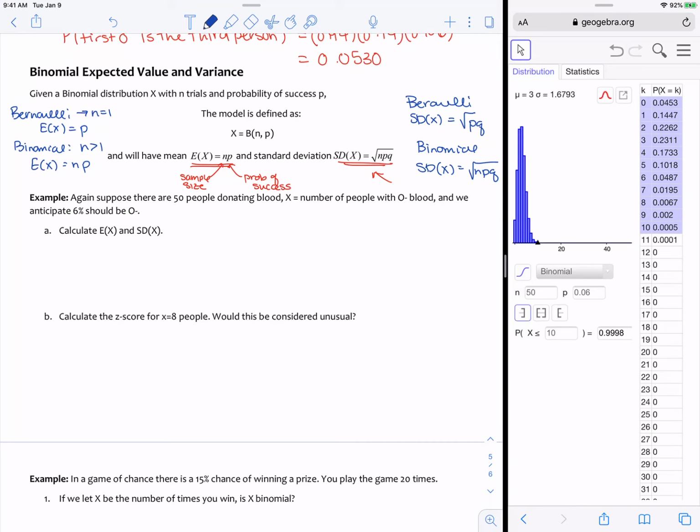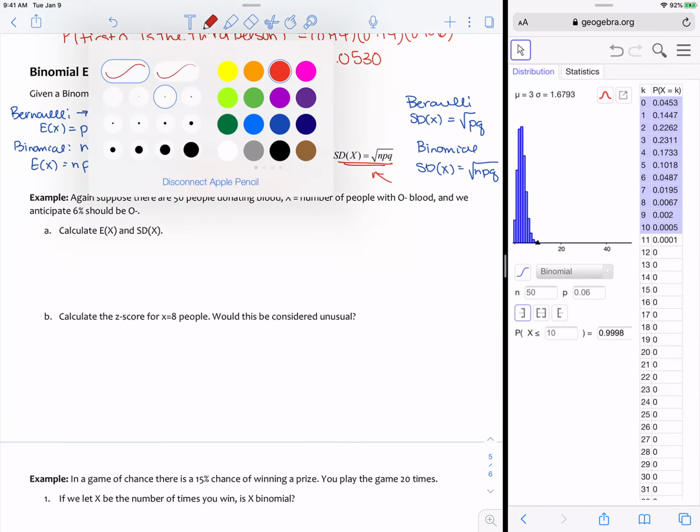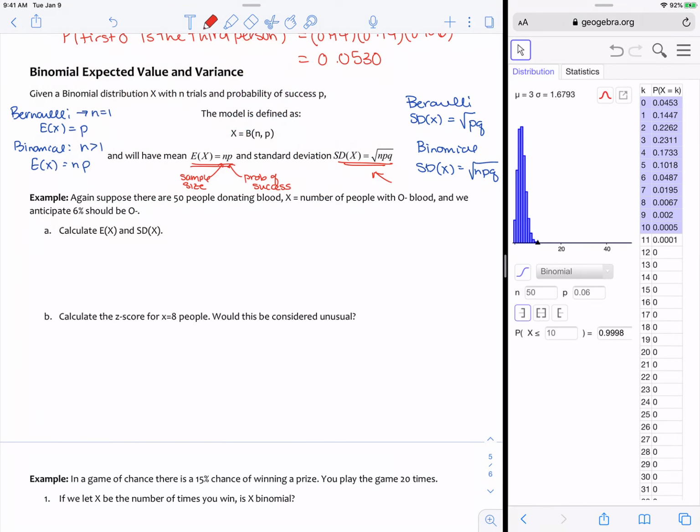So again, that extension from Bernoulli to binomial is just the number of trials that we're running through, which is pretty cool. Okay, so let's take a look at those 50 people donating blood again, and let's find out the expected value and standard deviation.